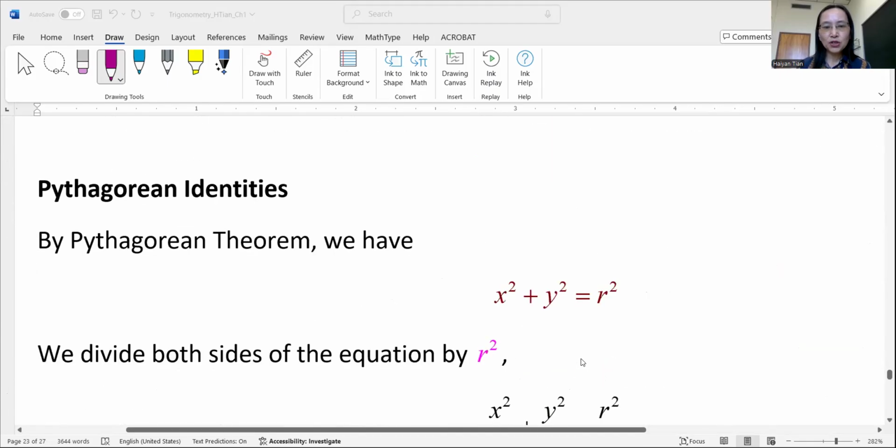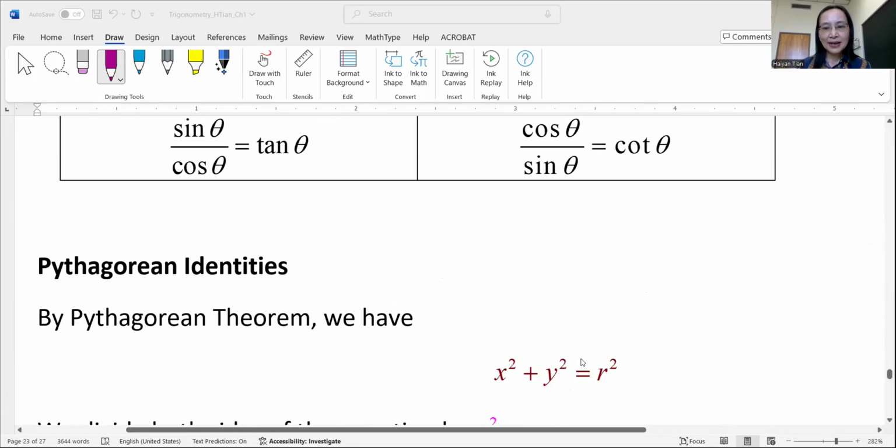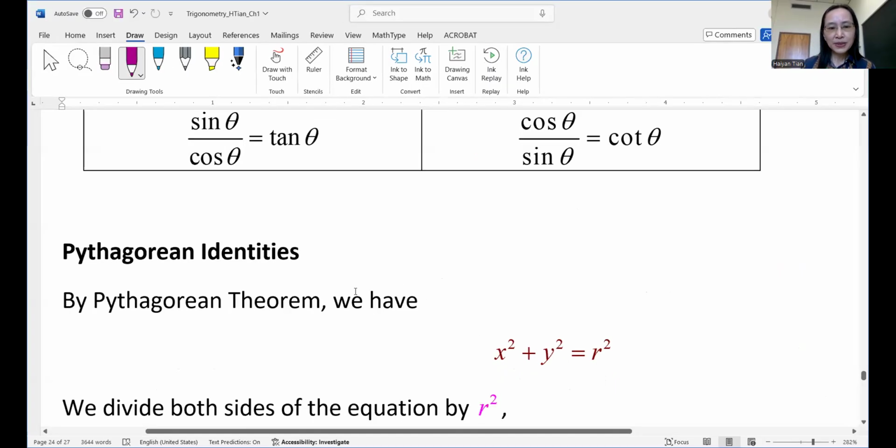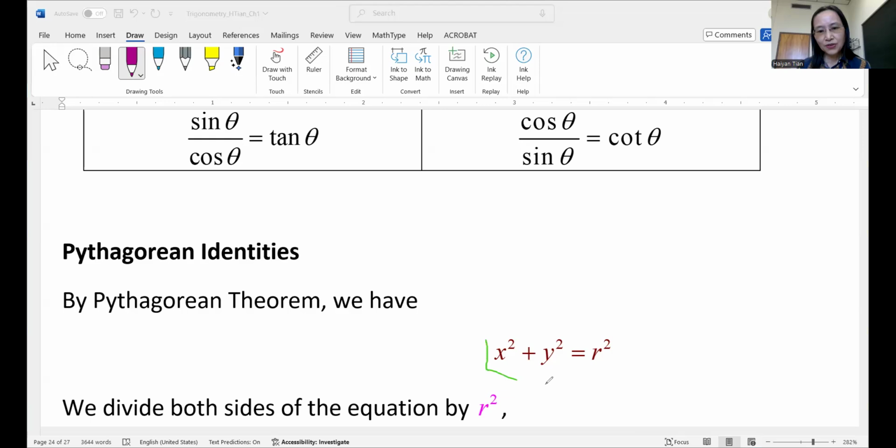Okay, another group of identities, they are called Pythagorean identities. Why are they called Pythagorean identities? Because r squared is x squared plus y squared.